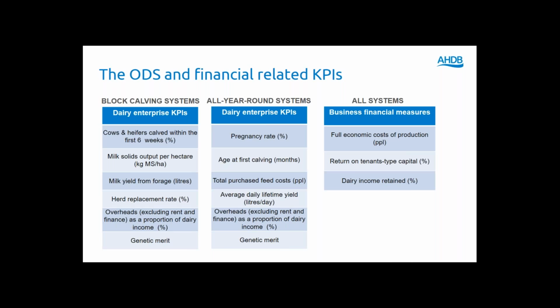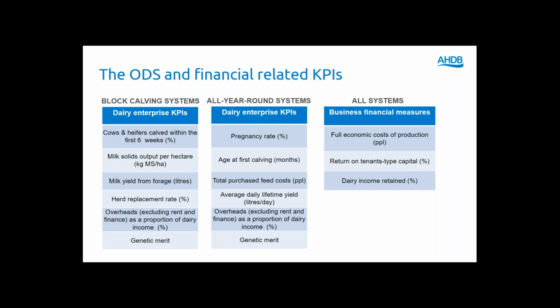The rationale behind this was really trying to get KPIs which were covering different areas of health, fertility, finance, longevity, etc. So it was a mixture of KPIs that cover those areas.